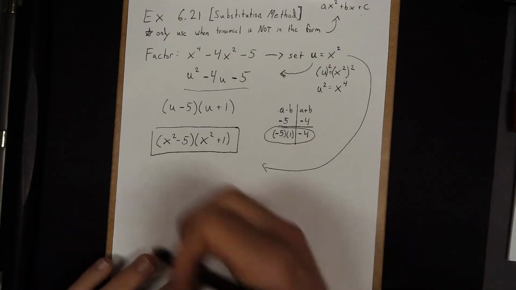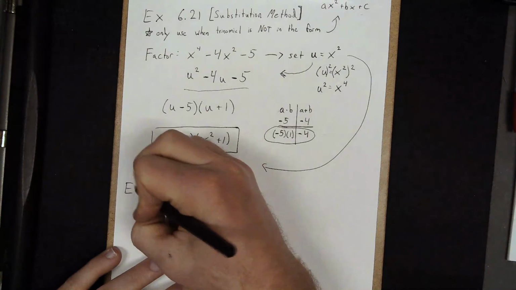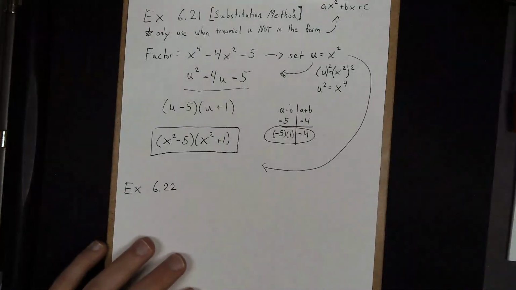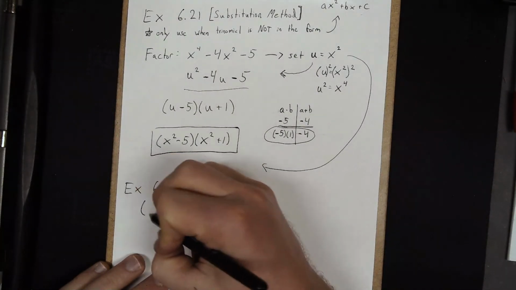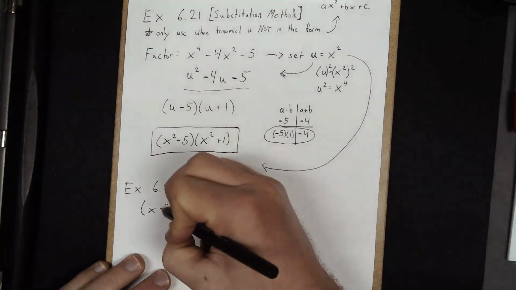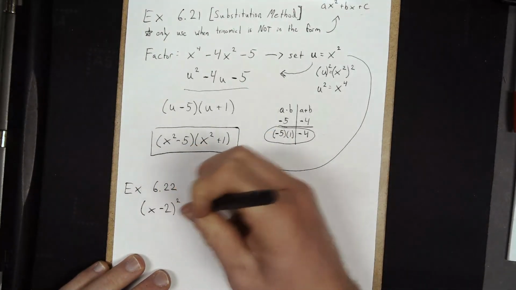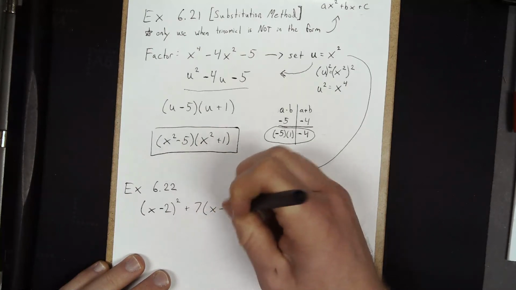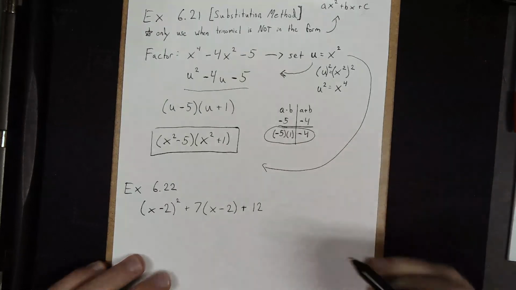Last one. Example 6.22. Okay. We are going to factor x minus 2 squared plus 7 times x minus 2 plus 12.